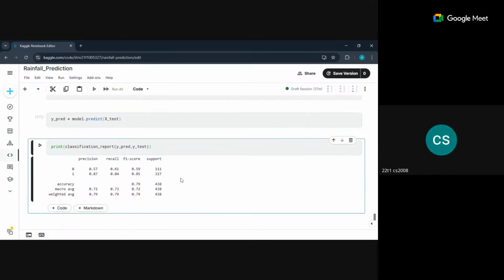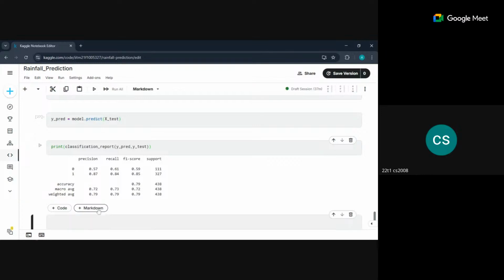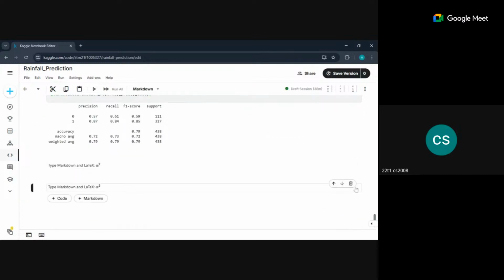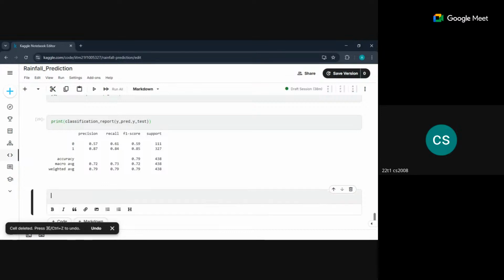So what are your thoughts based on this? What are your findings? No thoughts on this, sir? Because of the class imbalance, the model is making type 1 and type 2 errors.